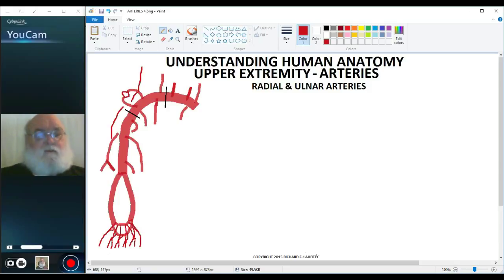Let me begin by sketching in the radial and ulnar arteries. And what I'll do is put a little bit of the brachial artery here, just the stub of it. And then we'll draw in the radial artery.